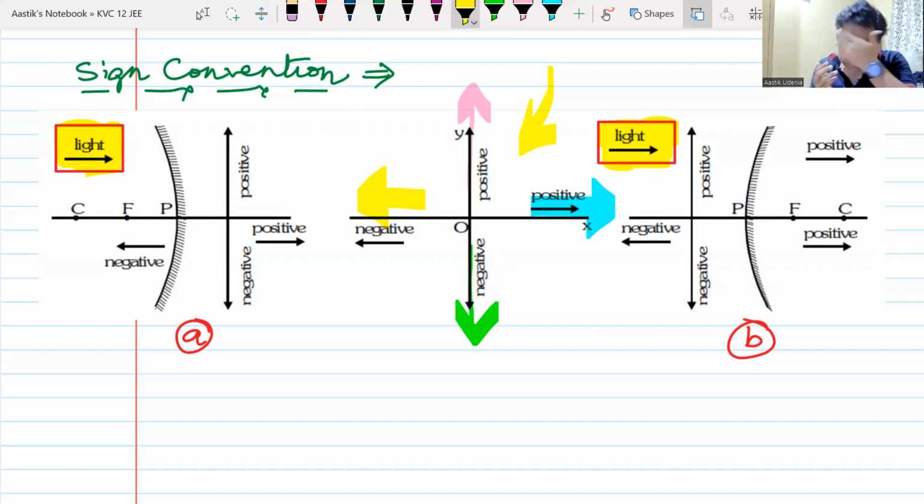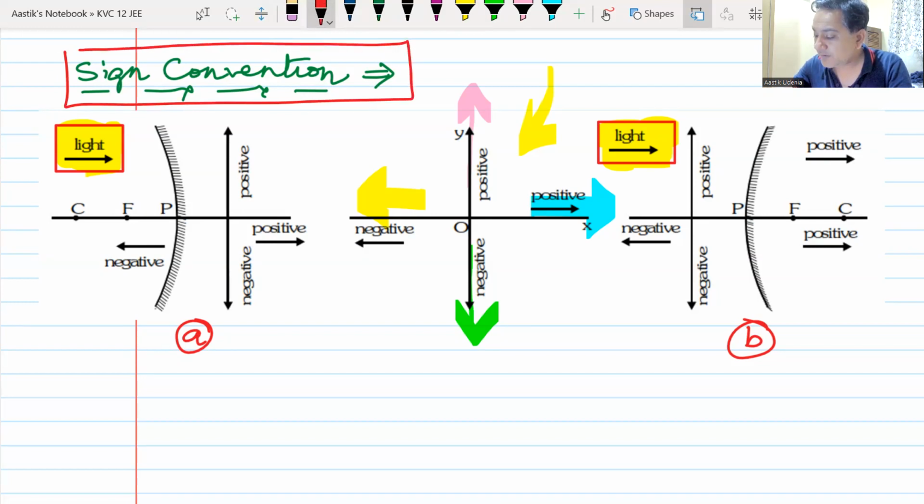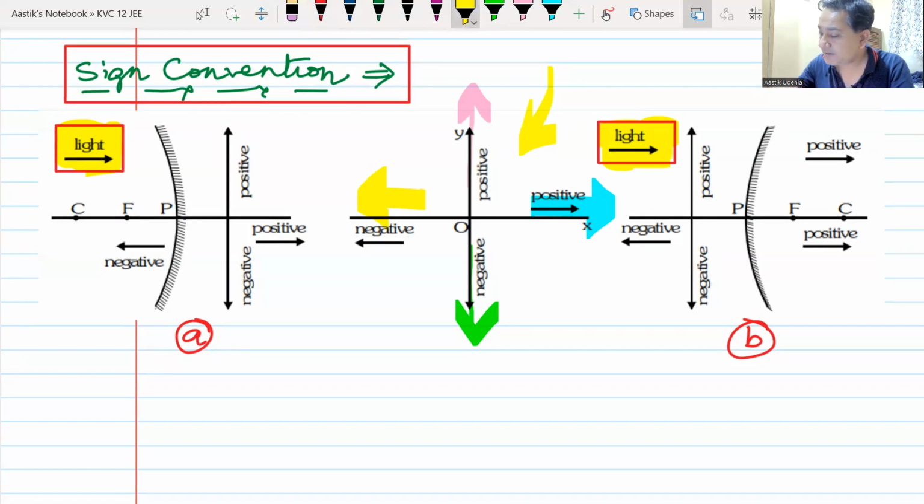Now remember, whenever we solve any question in optics, all questions, we will always have to use the sign convention. So you must understand what is positive and what is negative. If you have doubt in that, your answer will become irrelevant.